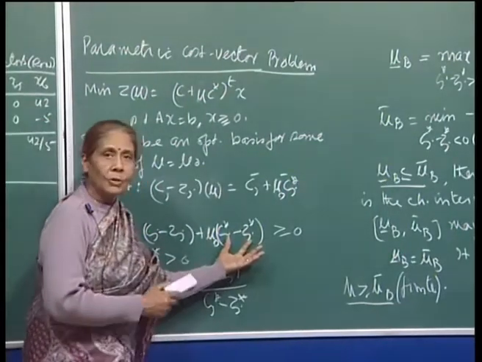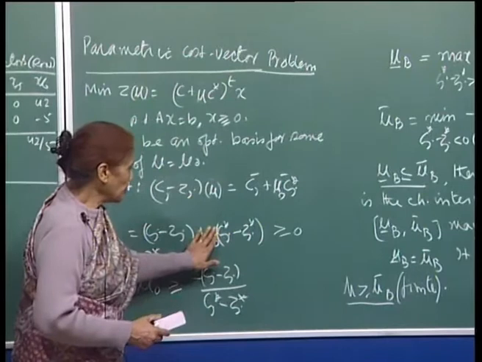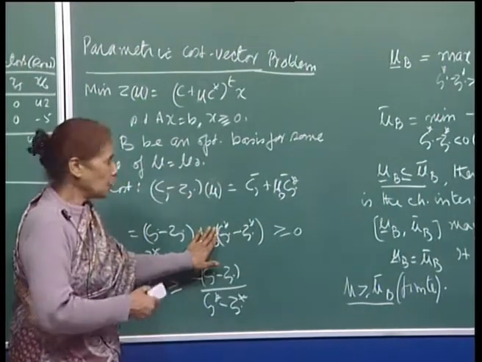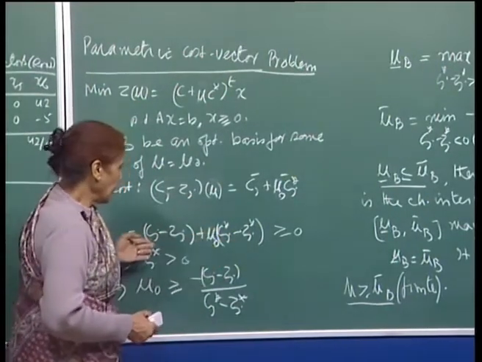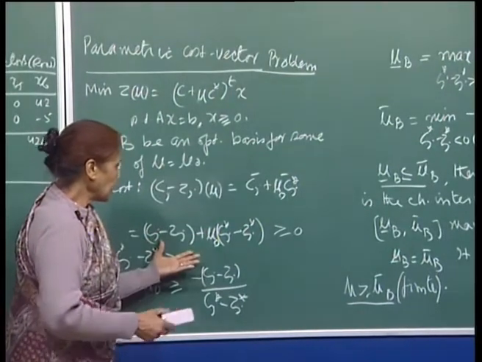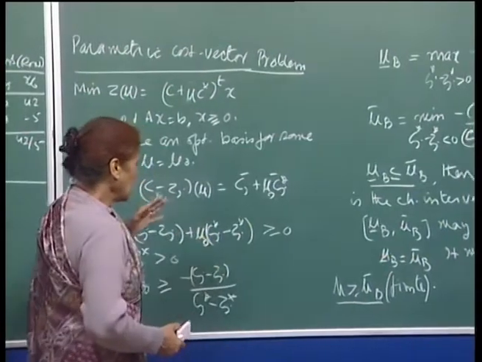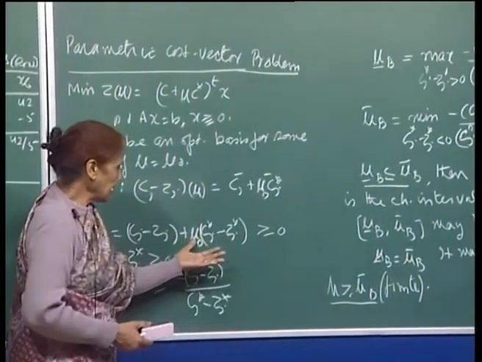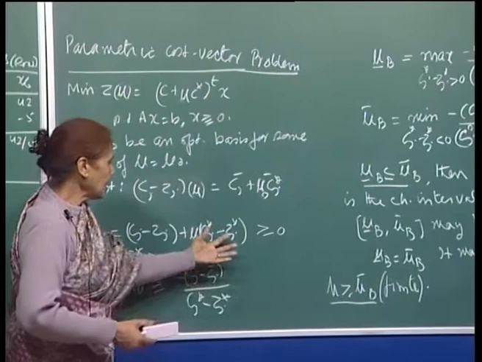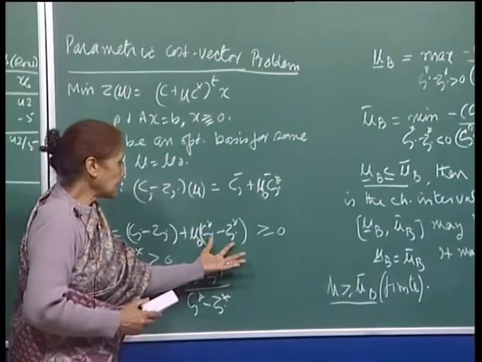This is negative for all j, so you can choose your mu to be as small as you want, and this relative cost will continue to be less than 0, right. In other words, mu can take values down to minus infinity if the Cj star minus Zj stars are all negative.